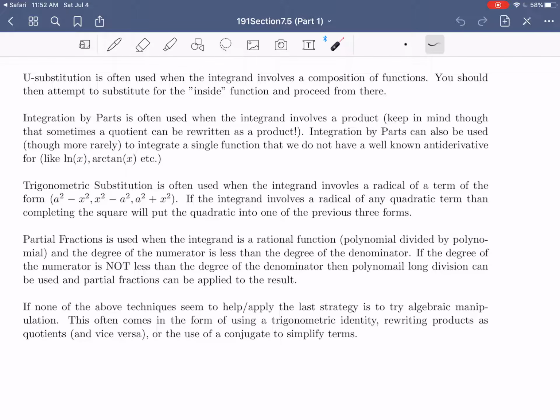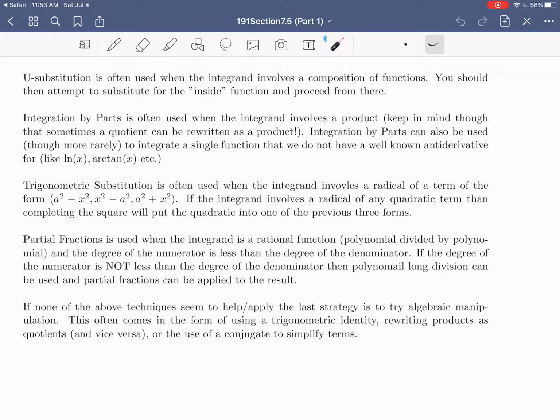The suggested exercises from the textbook for 7.5 are good ones because the integrals in section 7.5 are all mixed together, so all the techniques are in there and you can practice everything. There will also be a separate document posted in the Canvas files section with some more integrals, with solutions, to practice this strategizing.